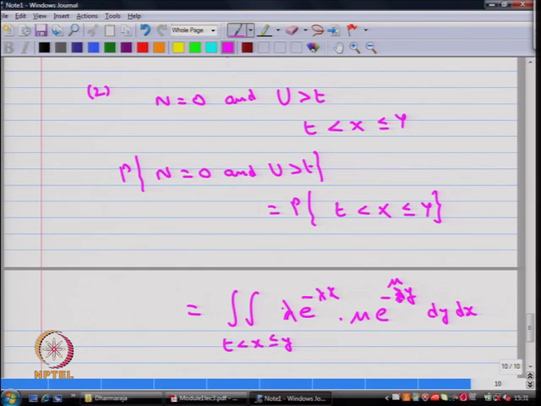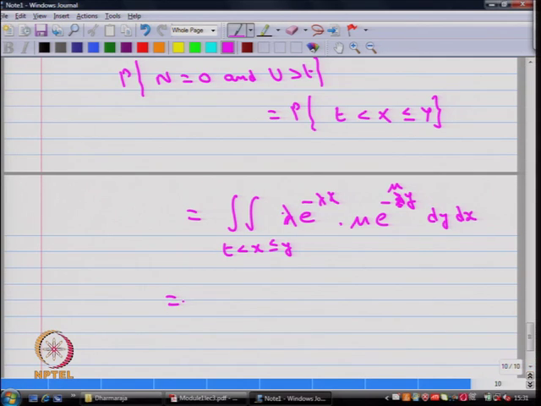So, the integrand is lambda times e power minus lambda x, mu times e power minus mu y, dy dx.